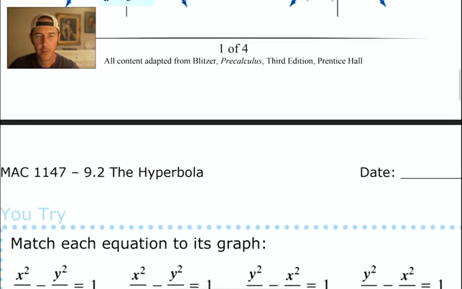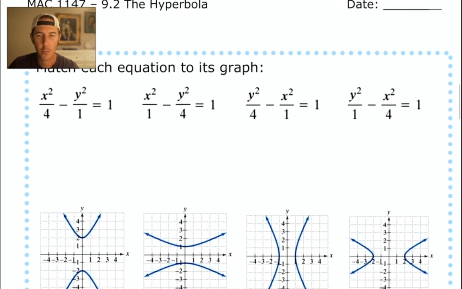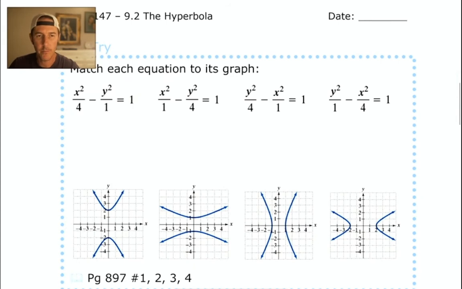I think those are all the things I want to point out to you in those diagrams. So let's try to, hey, a matching game, what do you know? This equation leads with an x squared, so our curves must be concave in the x or horizontal direction. So it's got to be one of these two, okay?